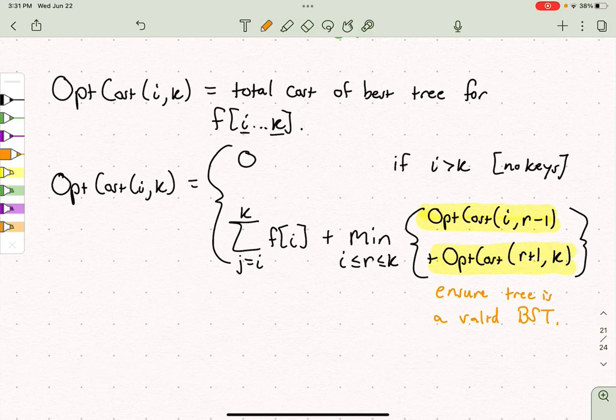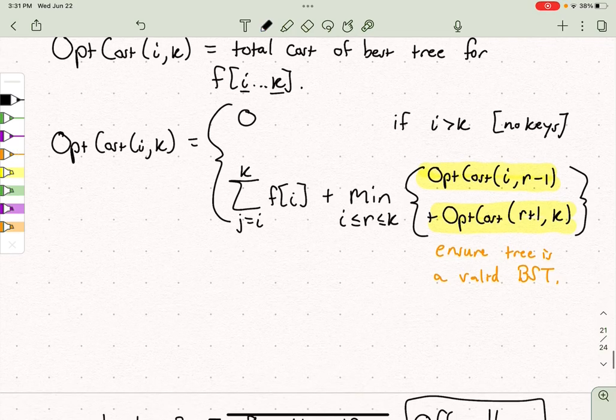So that's why we're only considering those indices specifically, and why the root has to be in the middle of them. Okay? So now what's the solution to the entire problem? Well, we're just going to return opt cost of 1 n, because that's the whole array.